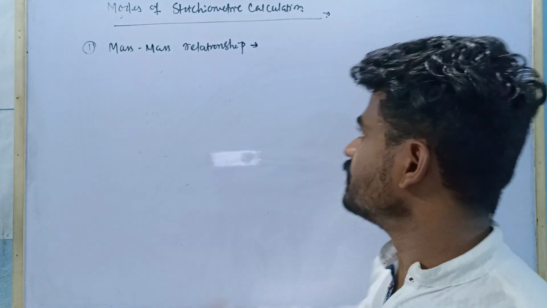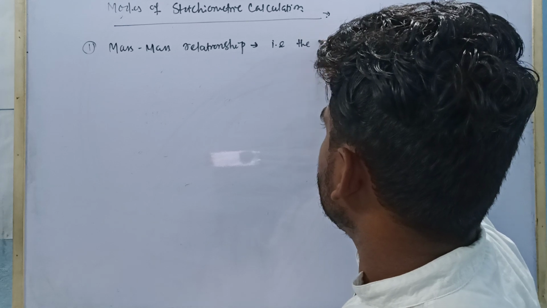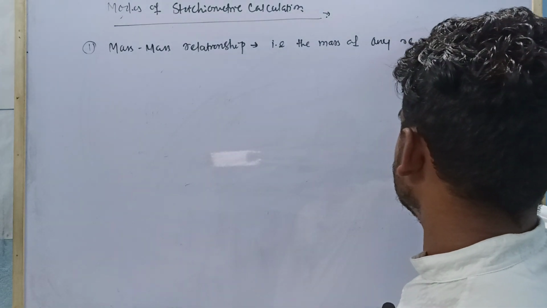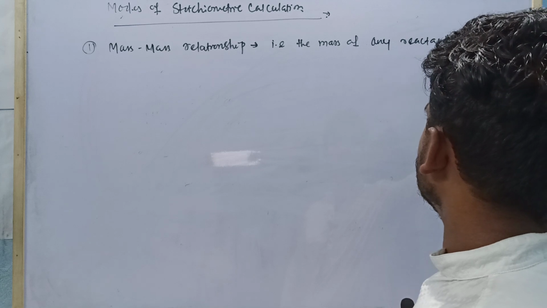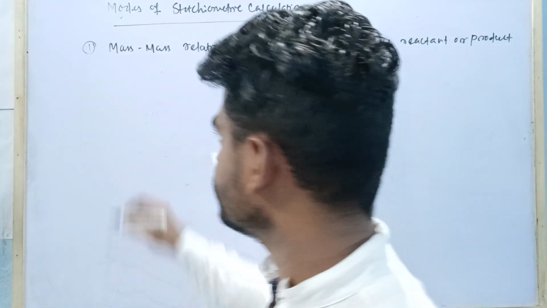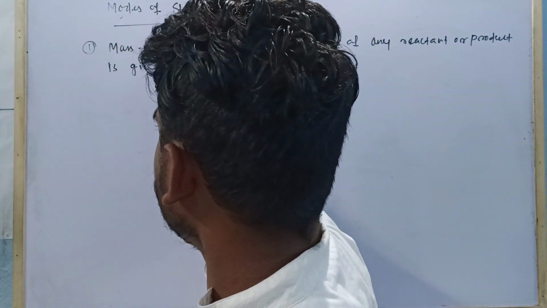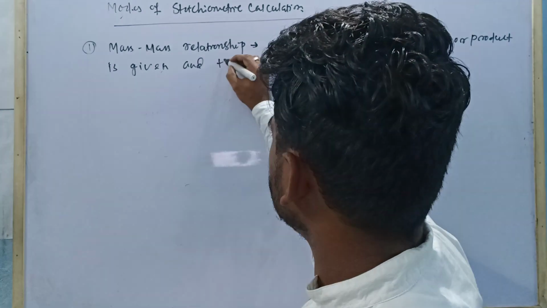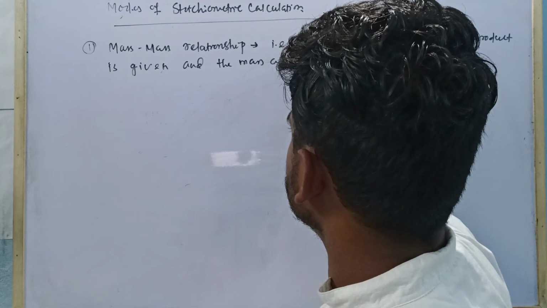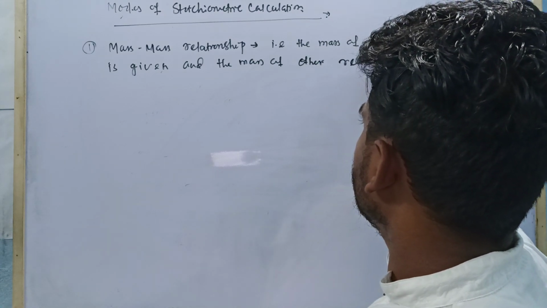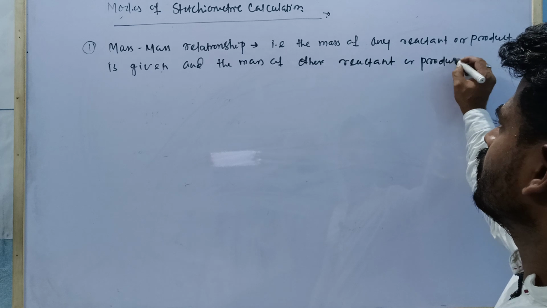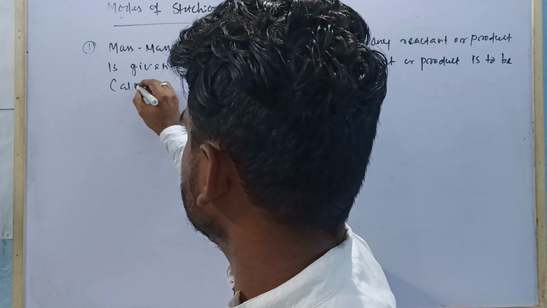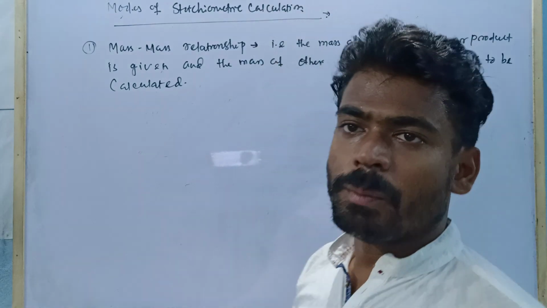Mass relationship, that is the mass of any reactant or product is given and the mass of other reactant or product is to be calculated, that is called mass relationship.